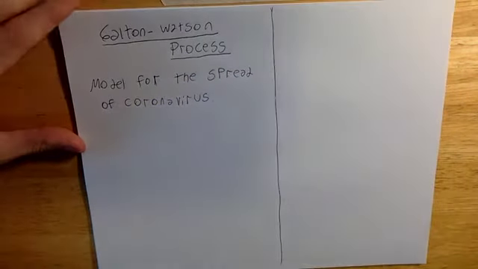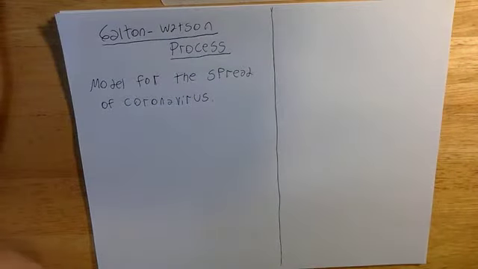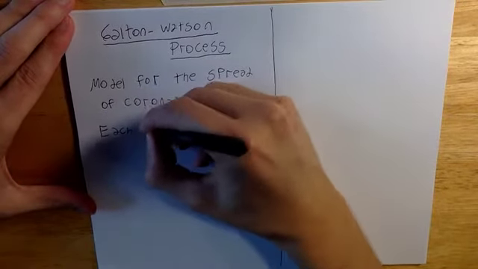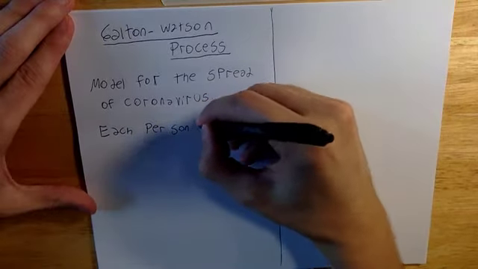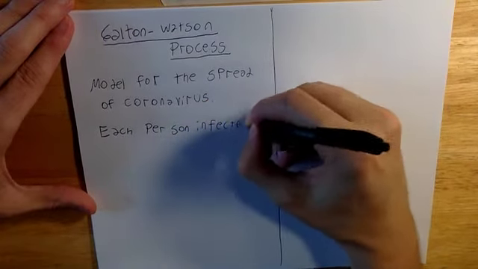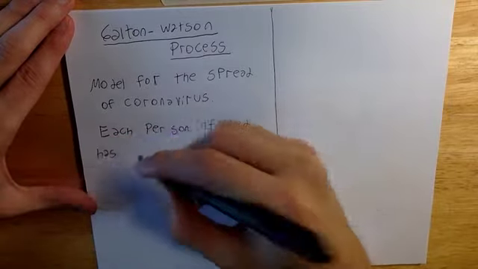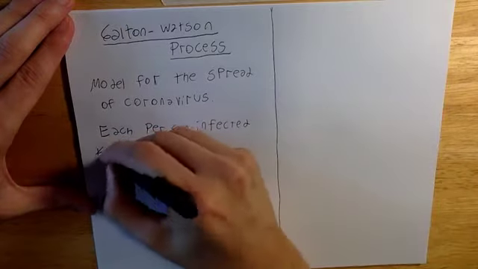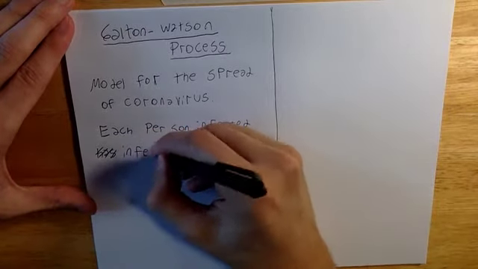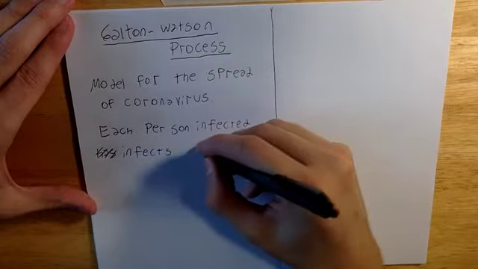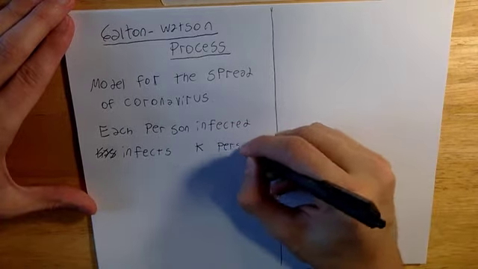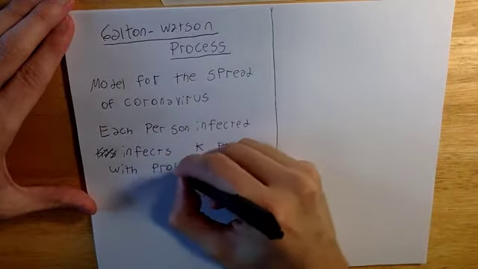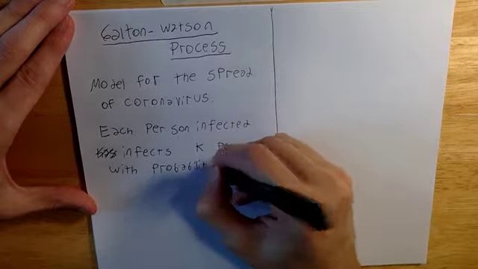So the idea is going to be that each person infected infects k persons with probability pk.